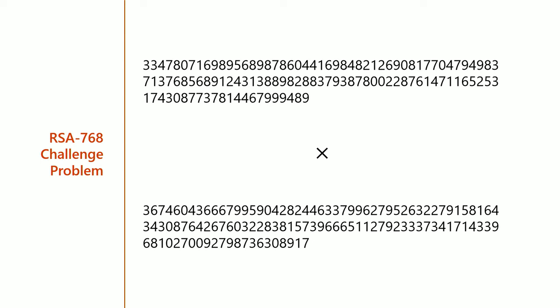And one of the big scary things about quantum computing is this right here, cracking RSA. This challenge, called the RSA 768 challenge problem, was to take a 768-bit RSA key and crack it. And this was successfully cracked. There were various iterations of this problem, starting with smaller and smaller keys.